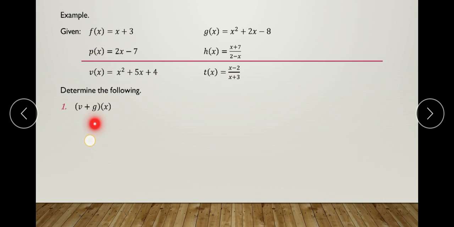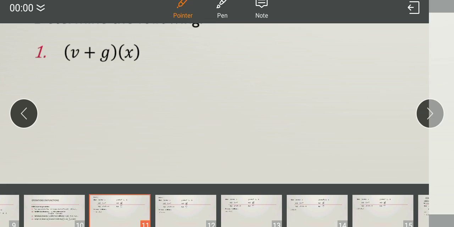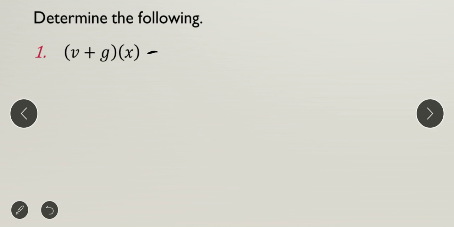Now first, we are going to find the sum. So all we have to do is write first the corresponding equation. This can be written as v(x) plus g(x).